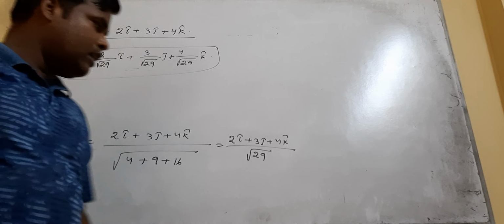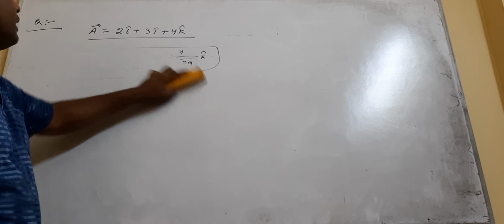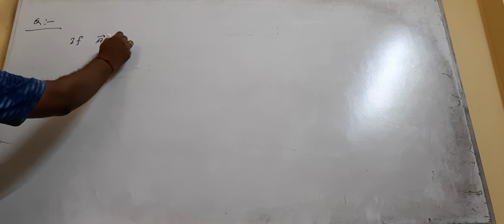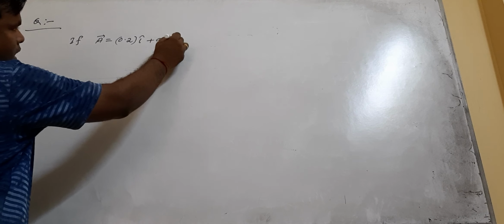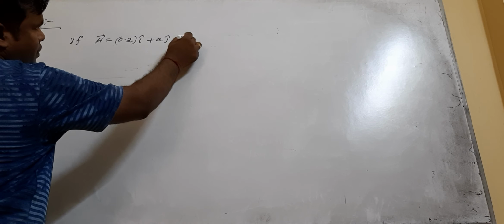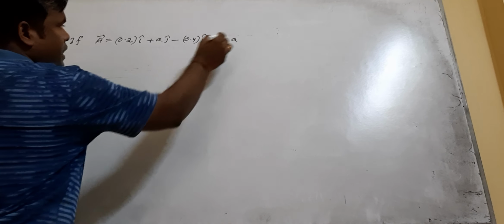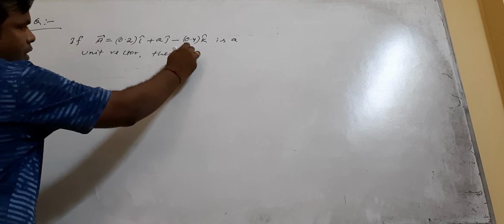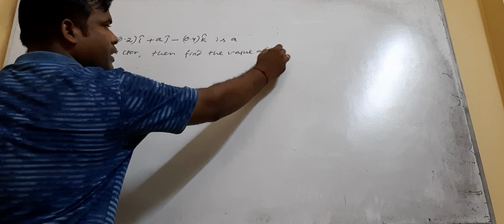So here I can ask another question: if a vector is 0.2 i cap plus a j cap minus 0.4 k cap is a unit vector, then find the value of a.